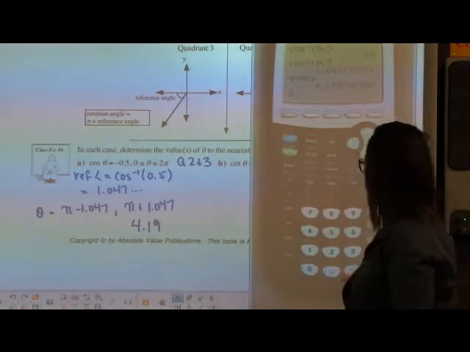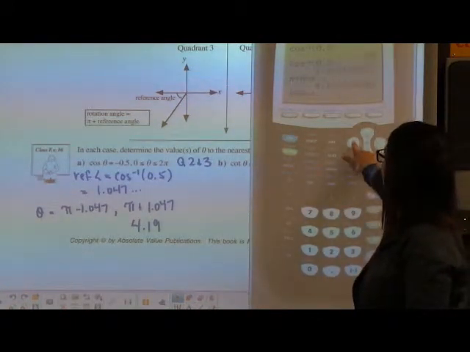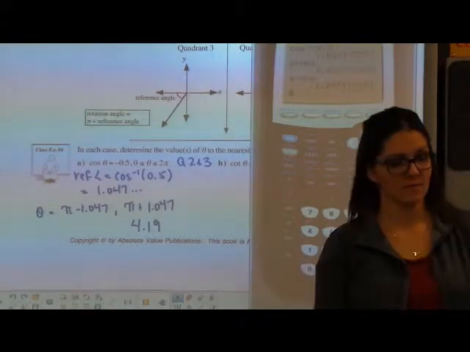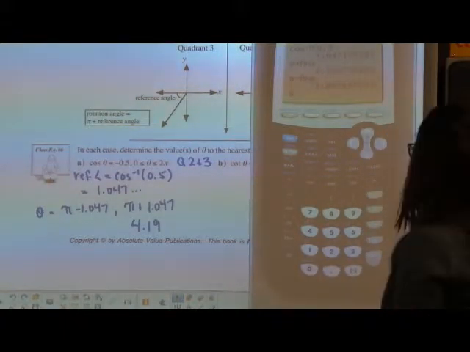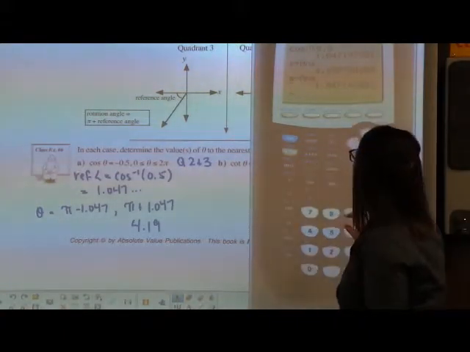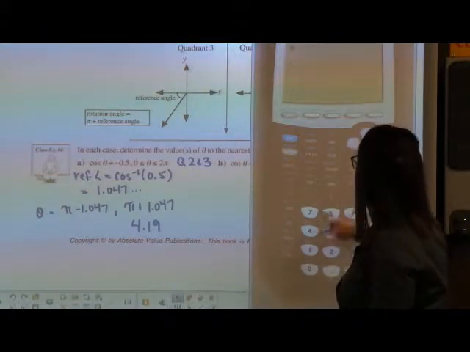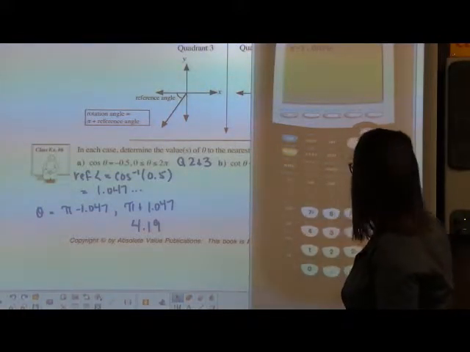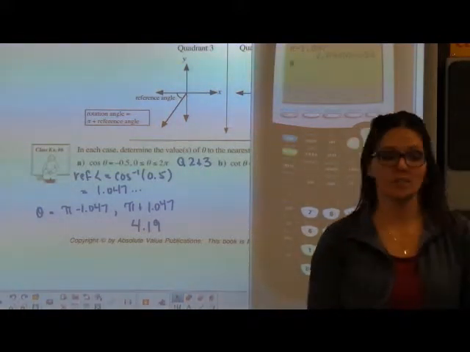Then I can go second, enter, and change the plus to a minus. Oh, no, that didn't work, because it took the answer from before. So then pi minus 1.047, and I get 2.09.